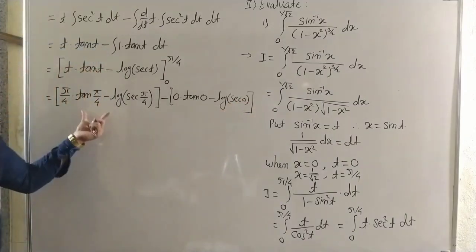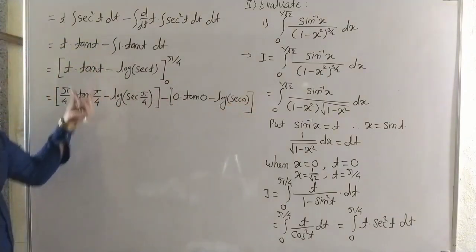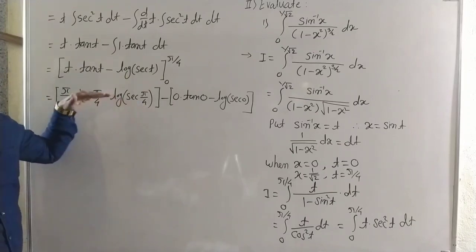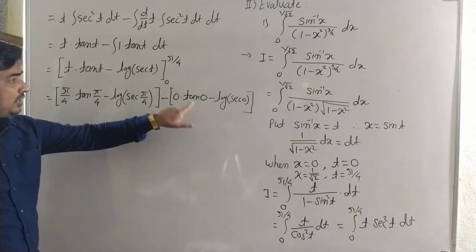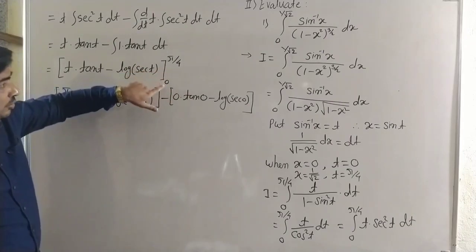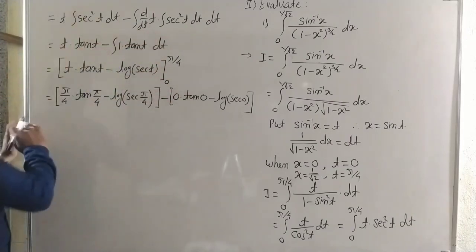Here it is upper limit minus lower limit. In the upper limit we replace t by pi by 4, and in the lower limit replace t by 0.